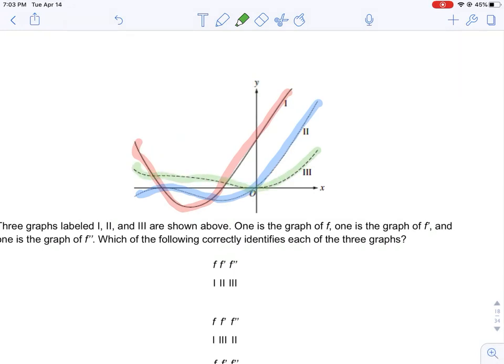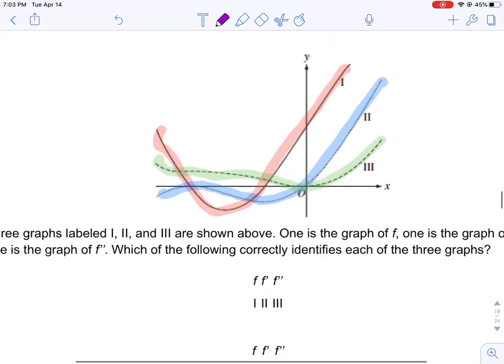Okay, so when something has a positive slope, its derivative should be above the x-axis, and when it has a negative slope, its derivative should be below the x-axis. So let's just start looking at red. Red has a negative slope this whole time, but green's not below the x-axis, so it's not green.